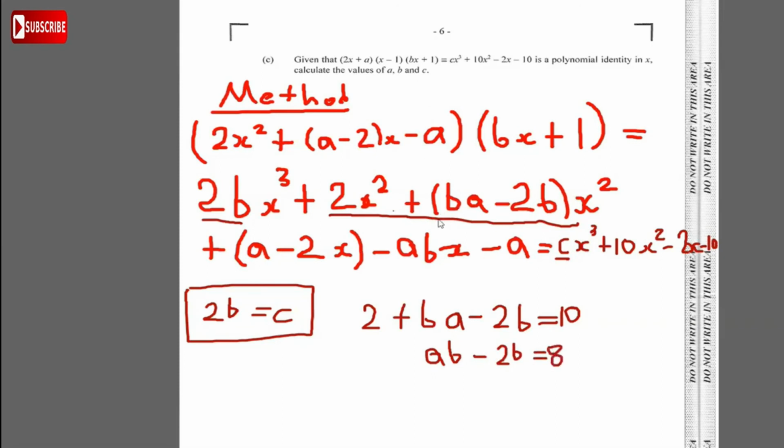Equating your x terms, what you're getting is (a - 2) times x minus abx is equal to minus 2x. So equating your x terms, you're getting a minus 2 minus ab, and that is equal to negative 2.